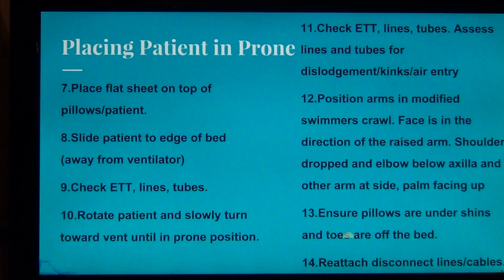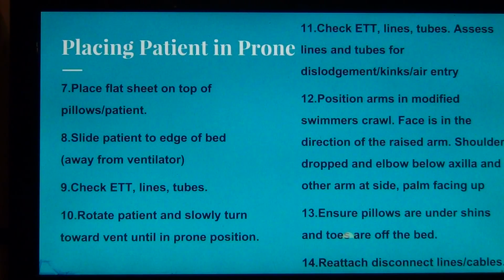Slide the patient to the edge of the bed away from the ventilator. Check ET tube, lines and other tubes. Rotate the patient slowly. Turn the patient towards the vent until the patient is in prone. We're going to check the ET tube, lines, assess lines and other tubes for dislodgement, kinks, or air entry.